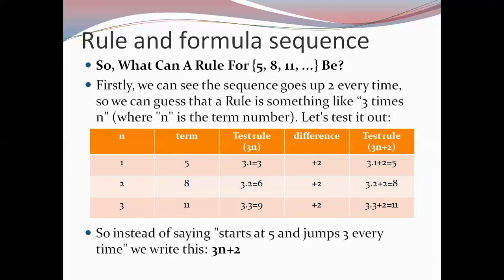So the rule is 3n plus 2: 3 times 1 plus 2 is 5, 3 times 2 plus 2 is 8, and 3 times 3 plus 2 is 11. So instead of saying the sequence starts at 5 and jumps 3 every time, we write 3n plus 2.